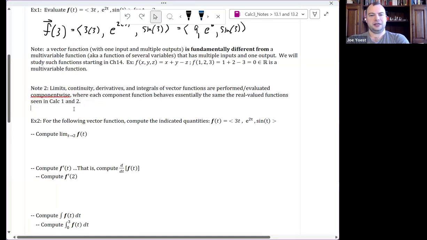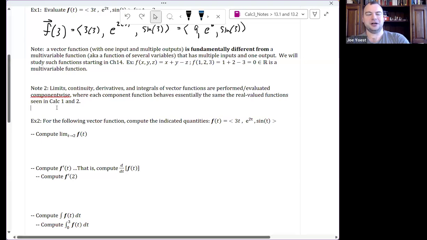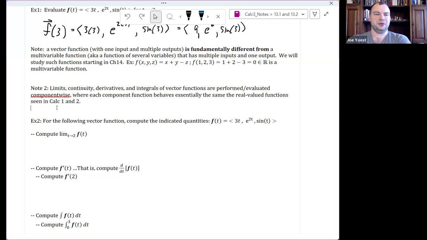A second note is that the things from Calc 1 and 2 that we studied, such as limits, continuity, derivatives, and integrals, when applied to vector functions, essentially work just like they did in Calc 1 and 2 on a component-by-component basis. So the TLDR of much of chapter 13 is we're just doing Calc 1 and 2, but doing it 3 times for each problem.